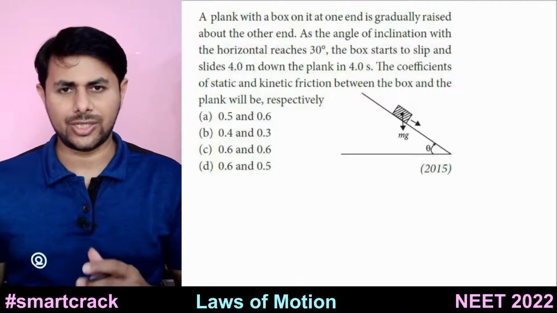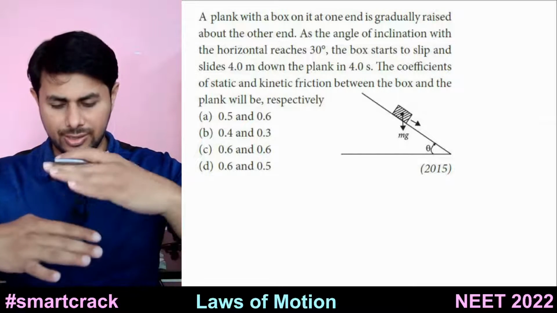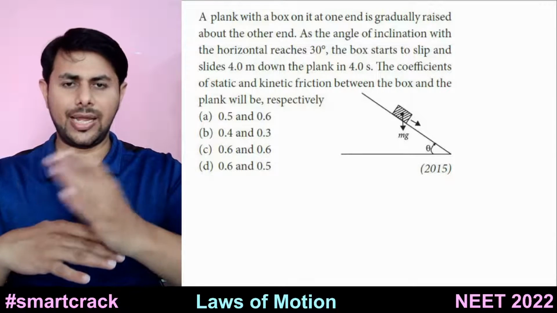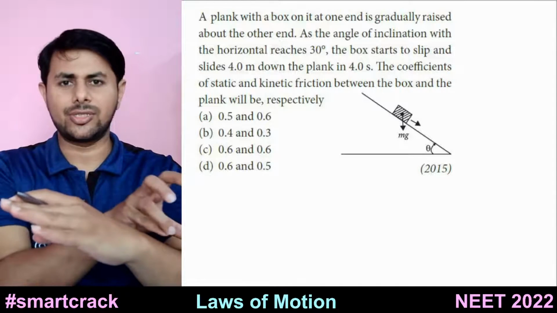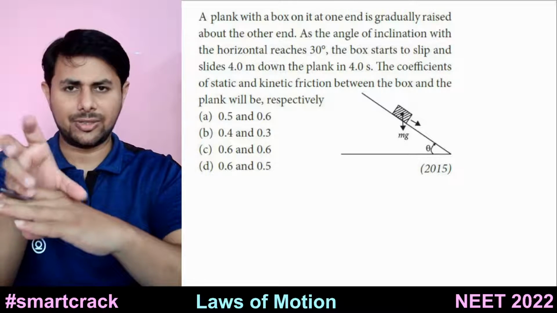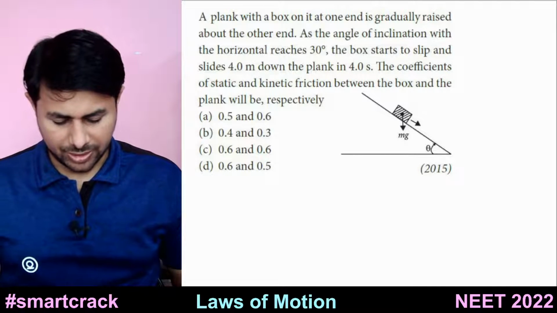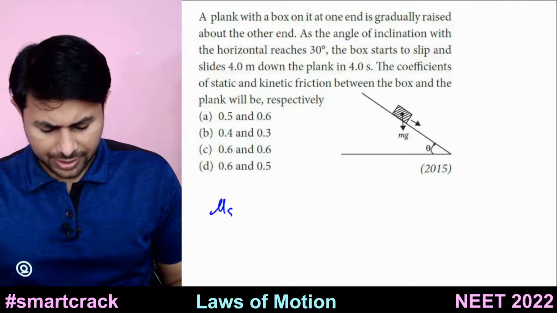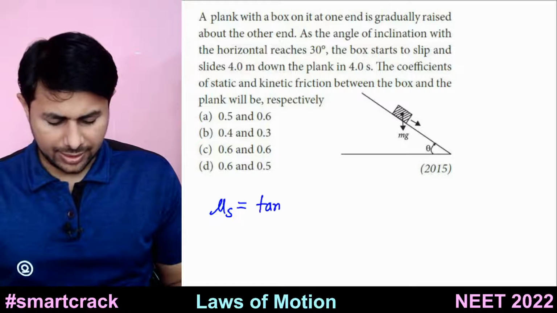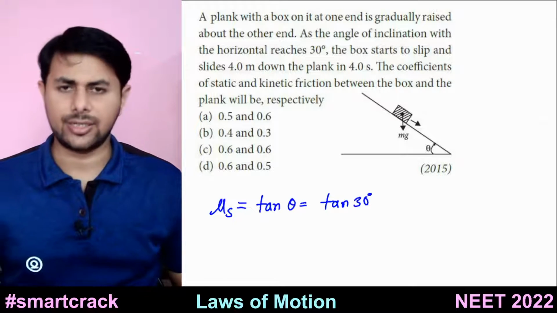Theta must be the angle of friction, because we have seen that when we raise the height of a plank or a plane, the angle at which bodies begin to slide down is known as the angle of friction, and the coefficient of static friction mu s is given by the tan of that angle, which in this case is 30 degrees.